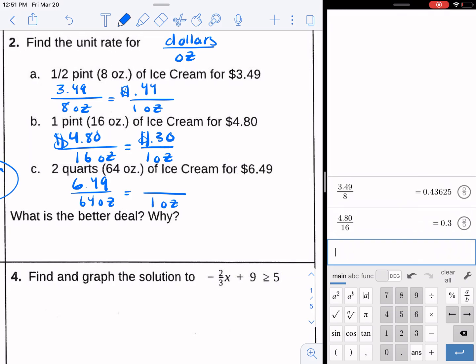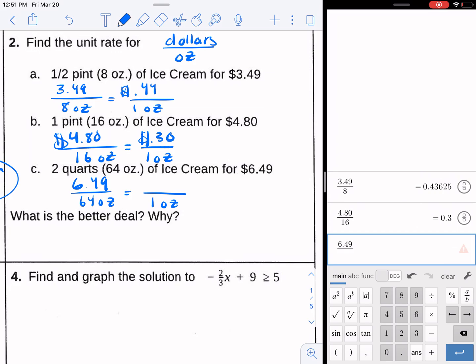And then again, divide it. $6.49 divided by 64 ounces. Ooh, let me get that huge mess. Well, again, we want to read that as money. So it's going to be 0.10 because that 1 after the 0 makes it round down or stay put.